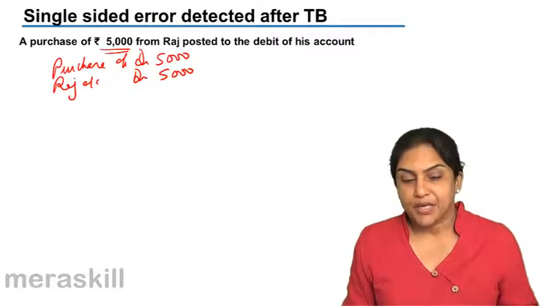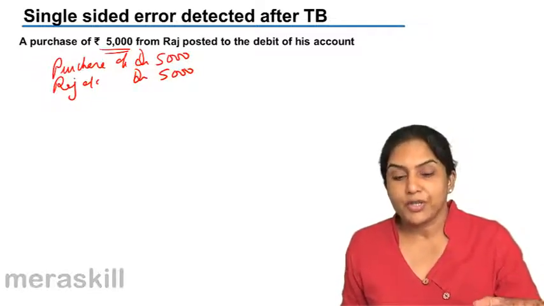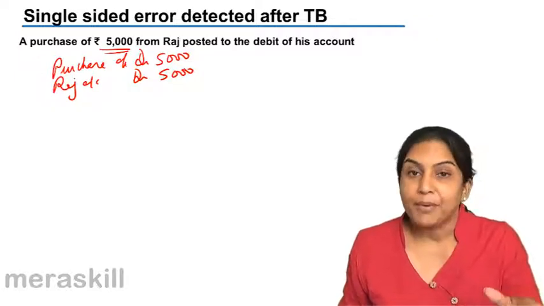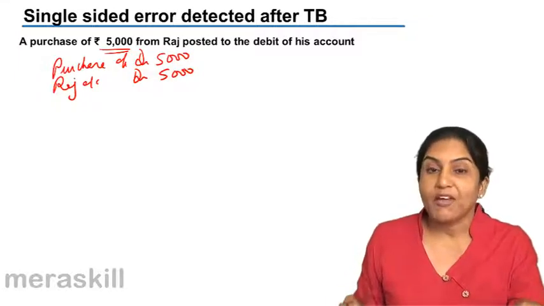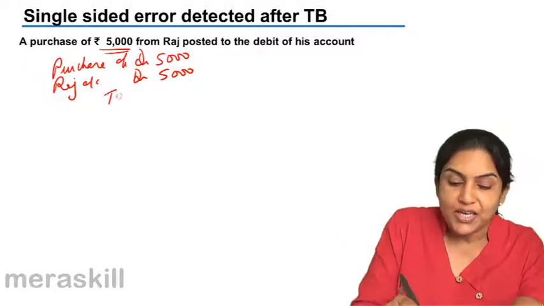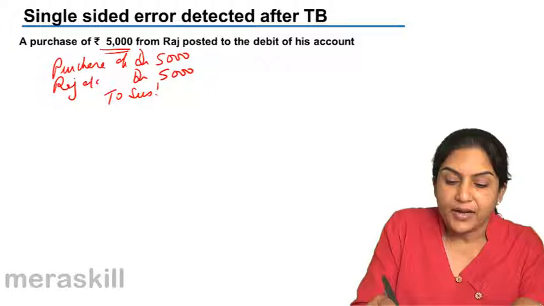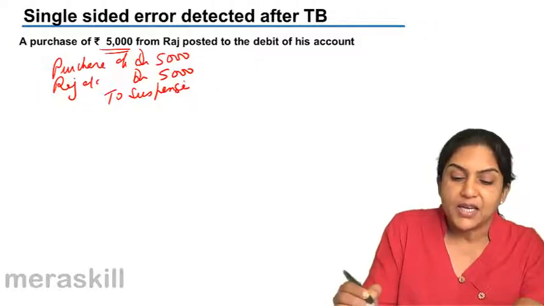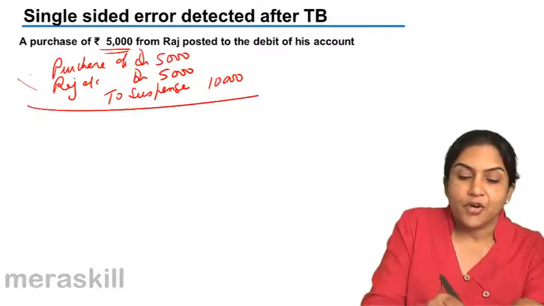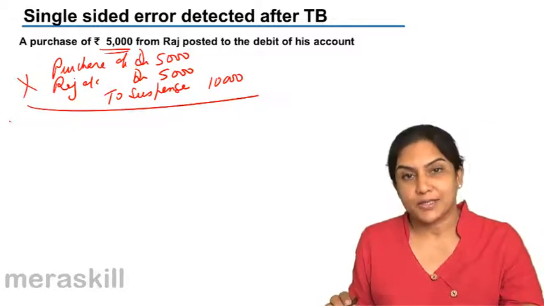Because of these two debits without a credit, the trial balance will not agree. But we have put the difference in a suspense account, which means in effect the wrong entry that has been passed is purchase debit 5000, Raj debit 5000 to suspense 10,000. This is the wrong entry that they have passed.